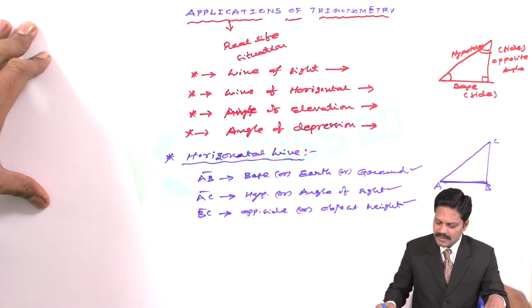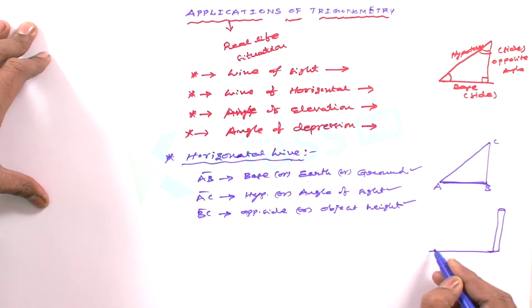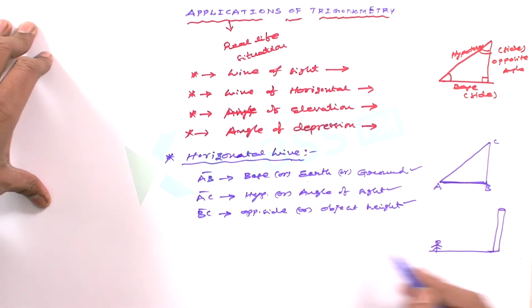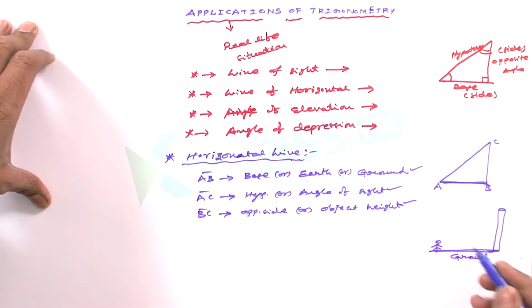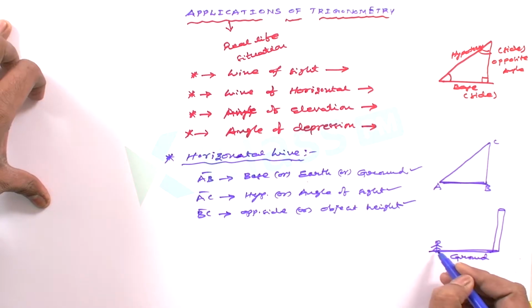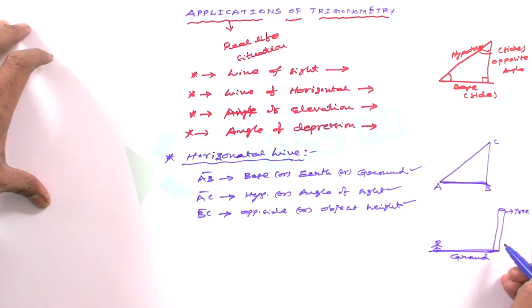A person is standing on the ground level to observe a particular object, which is the tree or tower we are observing.